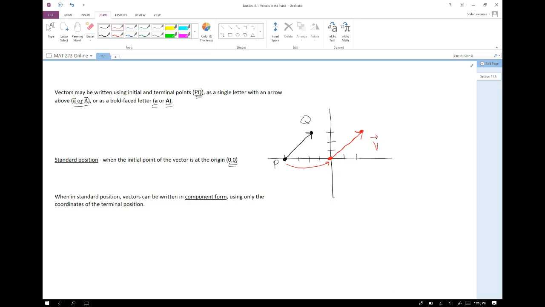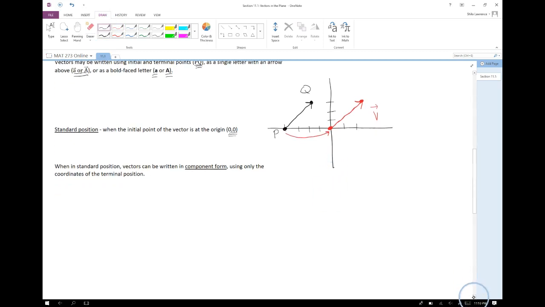So there's a nice easy formula that we can use to get standard position. If we have initial point P at x1, y1, and terminal point Q at x2, y2, we said anything we've got to do to P to get it to 0, 0, we'd have to do the exact same thing to Q. So this new vector can be written in component form, and when we're using our terminal point to represent a standard position vector, we always use these diamond brackets.